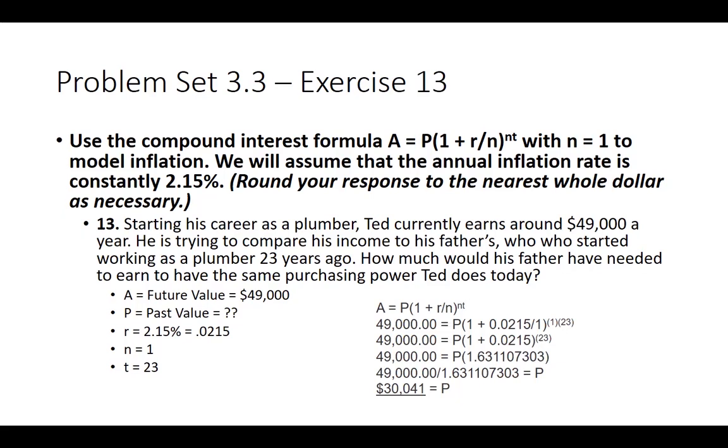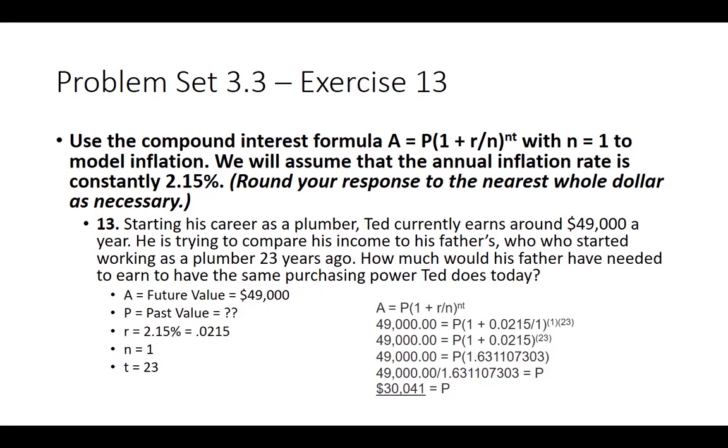How much would his father have needed to earn to have the same purchasing power Ted does today? So this time we have the most recent value. So the future value we use is 49,000. We have A. P, the past value, that's our unknown.